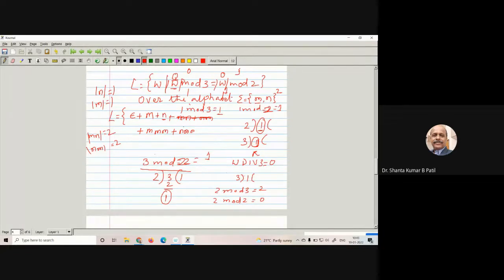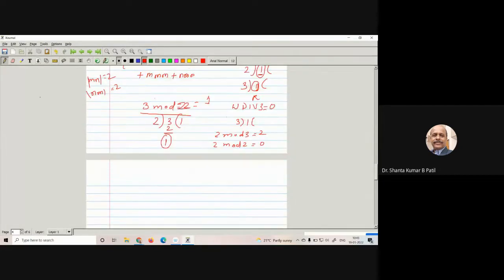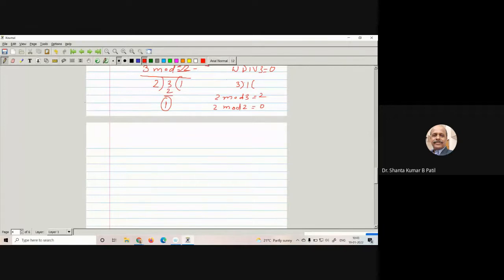So 3 mod 2 is equal to 1 and 3 mod 3 is equal to 0. Therefore, these two are not equal. Hence, 3 also is not possible. L is equal to, so you can take epsilon, you can take a single symbol, either M or N, not a double symbol. How about a triple symbol? Triple symbol is also not possible.